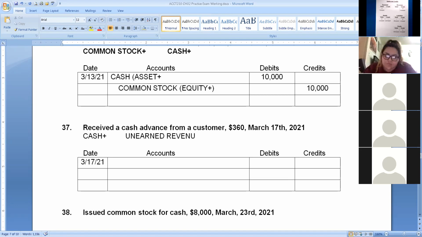And even though it says unearned revenue, it is really not a revenue. It is a liability and it's going up. We owe them. If we don't do what we're supposed to do, we've got to pay them back the $360. So that's why it's a liability. Until we've earned it, we owe them that money. So they gave us the money ahead of time.